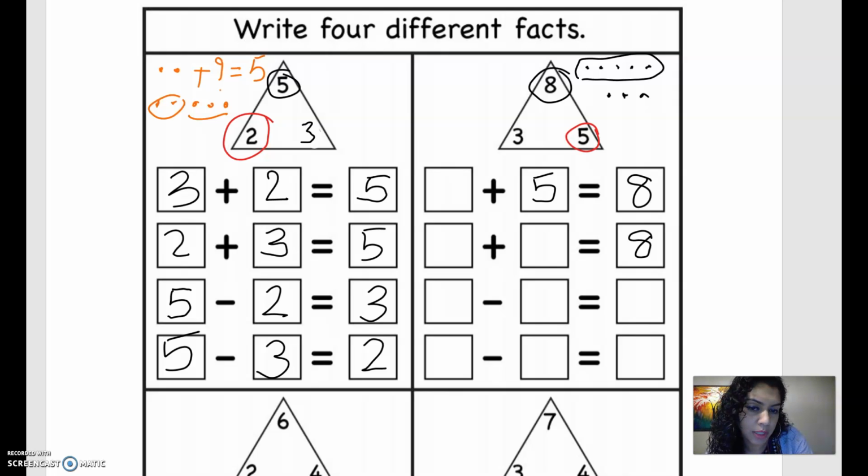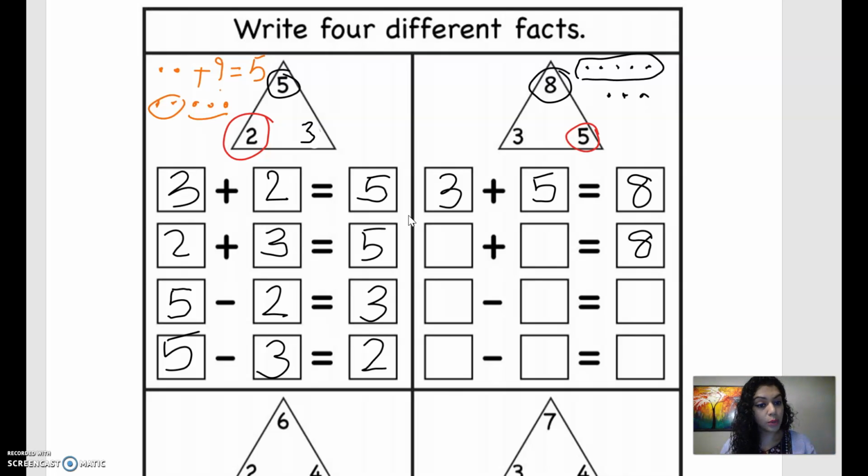So what number do I put in the first equation here in this missing box? I put 3. 3 plus 5, 1, 2, this is 5, 6, 7, 8. I get 8.